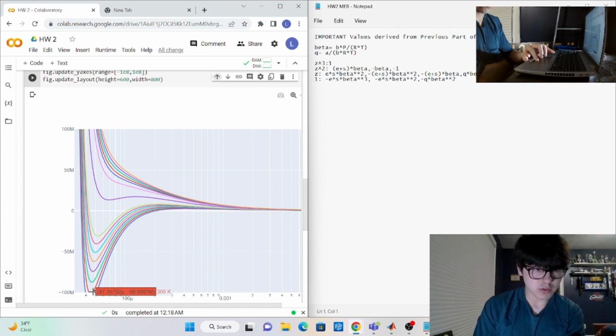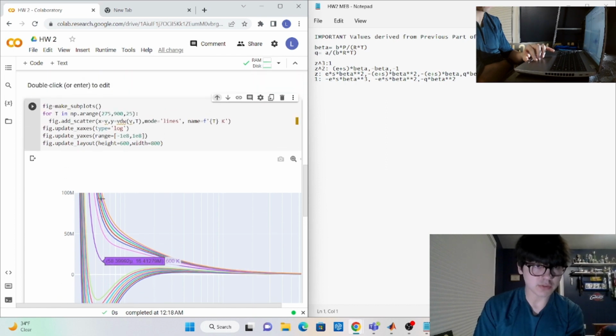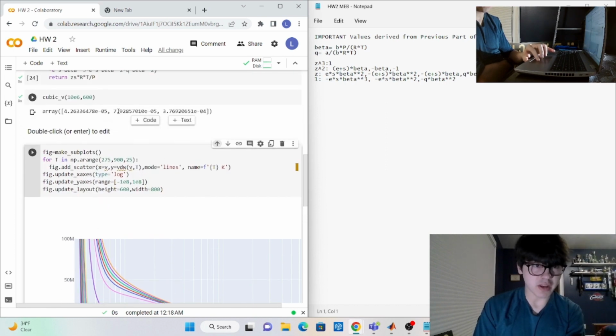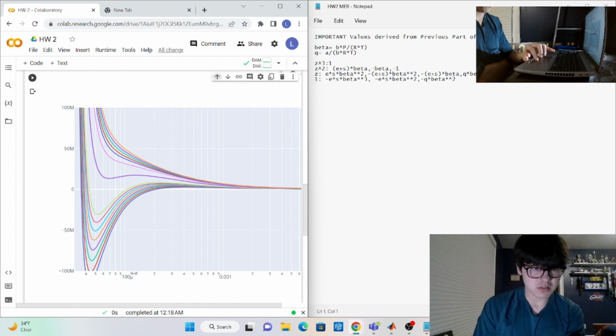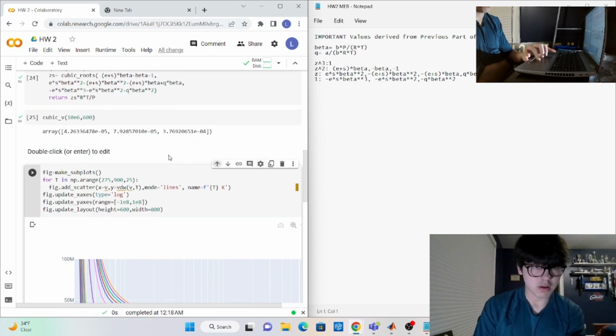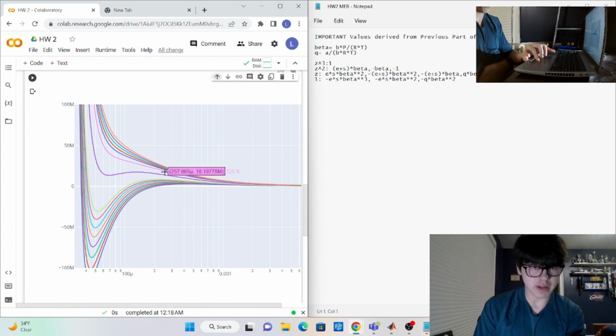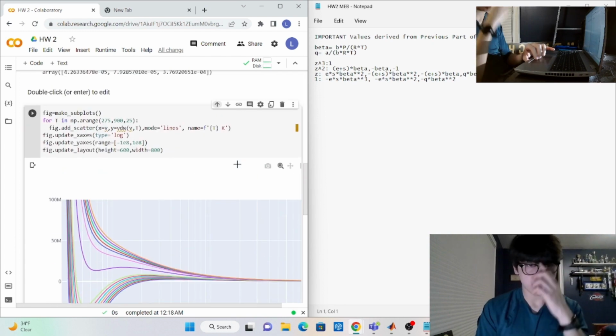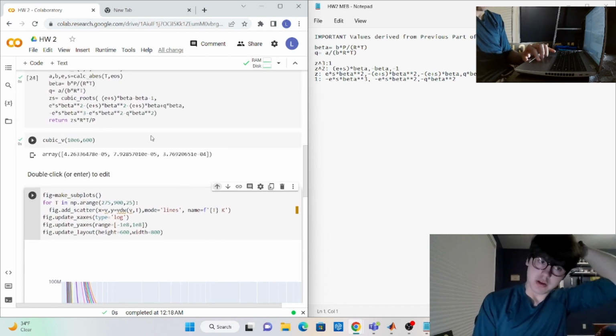There's one root around here, yeah, that looks right. 7.92 times 10 to the fifth. Here's the second root up here. And then the third root, 3.9, somewhere over here. So yeah, it looks like our function is giving us the right values.